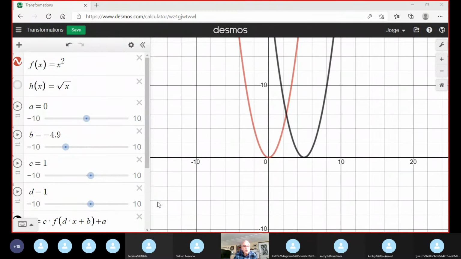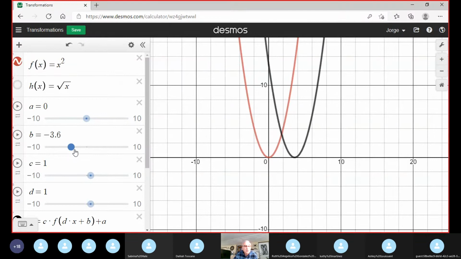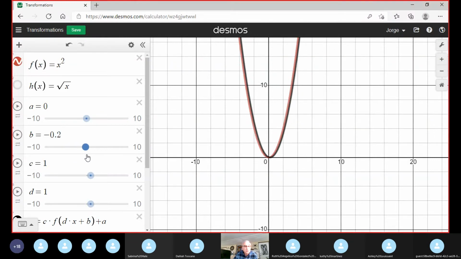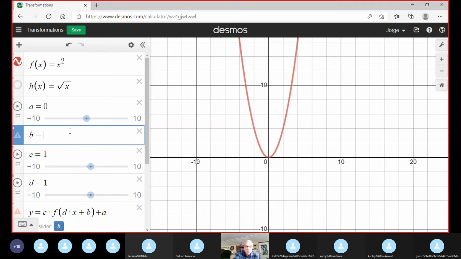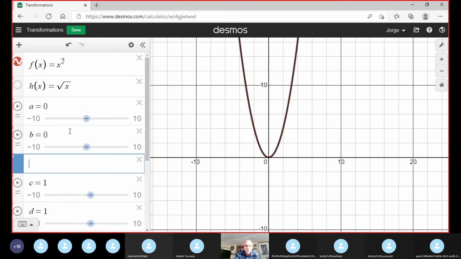You see decimal, right? Let me restore D value 1, B value is 0, no horizontal shift, just 0. Okay, there you go.